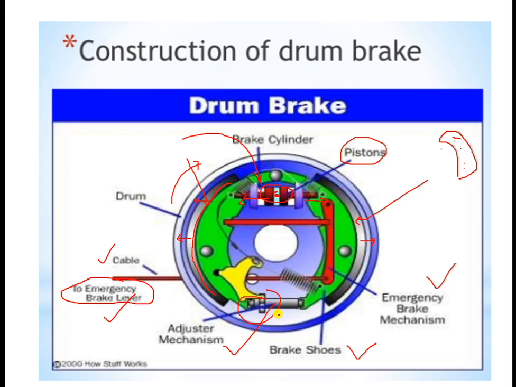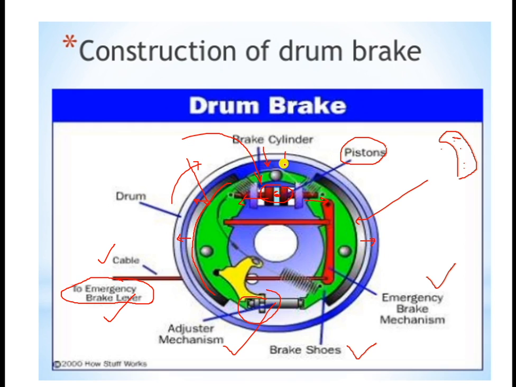You only need to show the drum, inside which are the brake shoes, the friction lining materials riveted on the brake shoe, and the brake cylinder and piston mechanism, which is initiated through levers by the braking action.